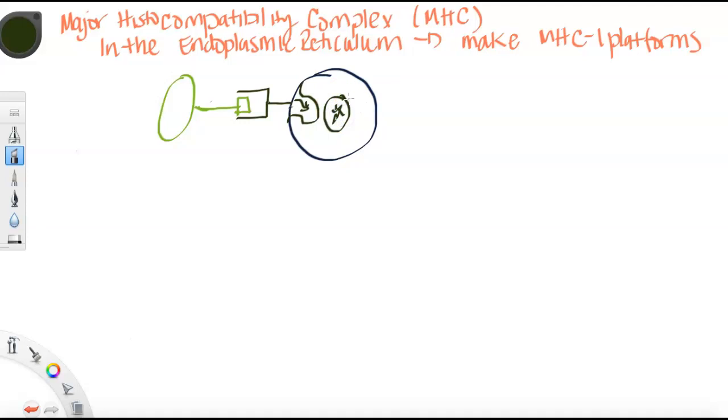Then it's going to take those parts and stick them on an MHC1 platform that's in a vesicle in the cell, and then that is going to exocytose onto the membrane. It looks like that. Okay, this is called an MHC1 platform, or major histocompatibility complex.